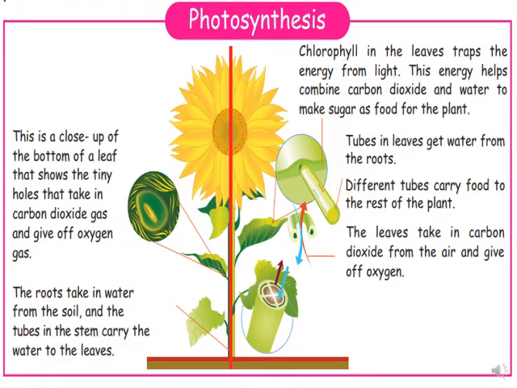What happens in this process? We have the chlorophyll. The chlorophyll traps the energy from the light. This energy helps to combine carbon dioxide, CO2, and water, H2O, to make sugar as a food for the plant.